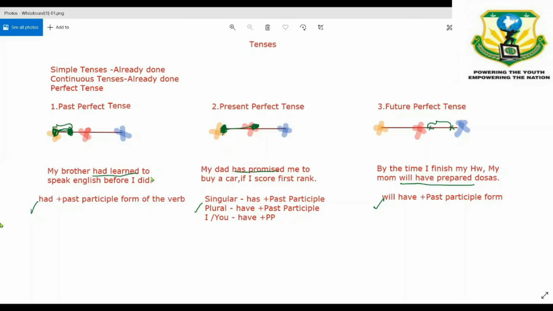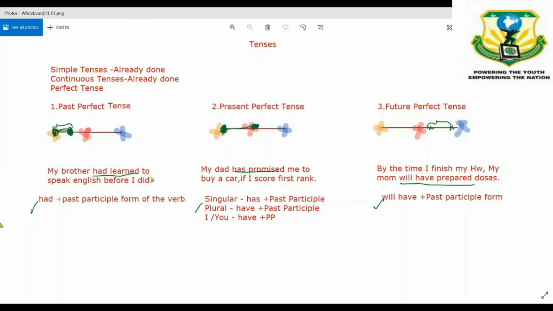In simple terms, you can remember: past perfect will always have had plus past participle form of the verb. Present perfect tense will always have has or have plus past participle form of the verb. And future perfect will have will have plus past participle form of the verb. And this is the basic formula of the perfect tenses.